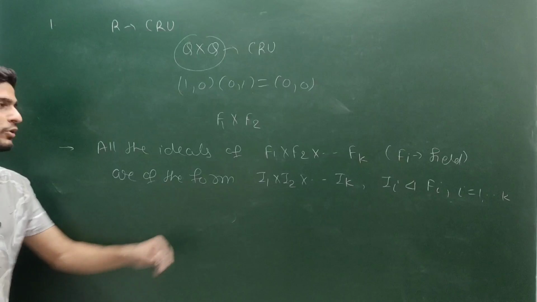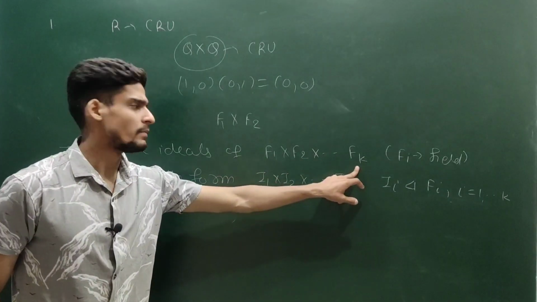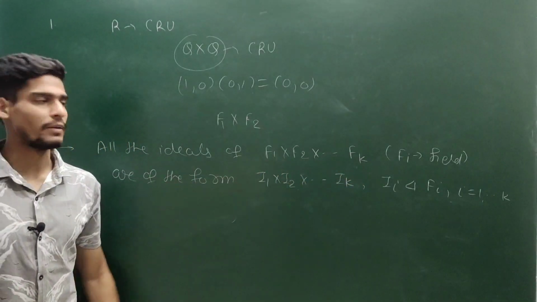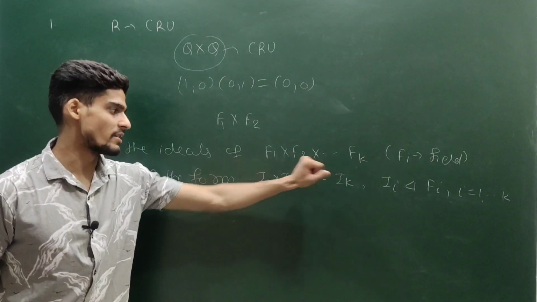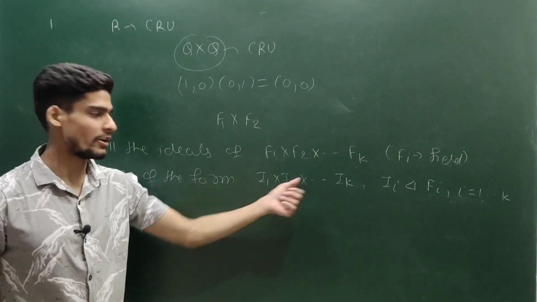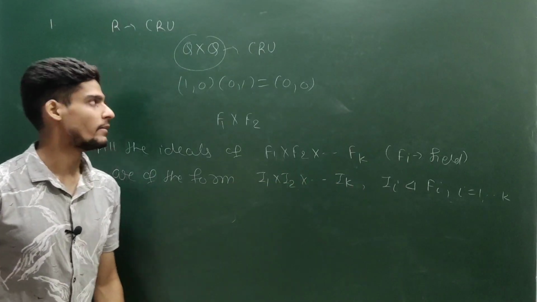So when you take a finite product of fields, these fields may be finite or infinite, but the product is a finite product. Then all the ideals of this structure are of the form I1 cross I2 up to Ik, where each Ii is an ideal in Fi.